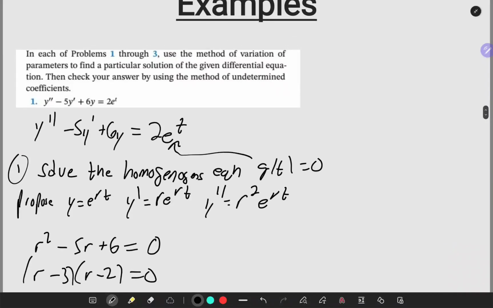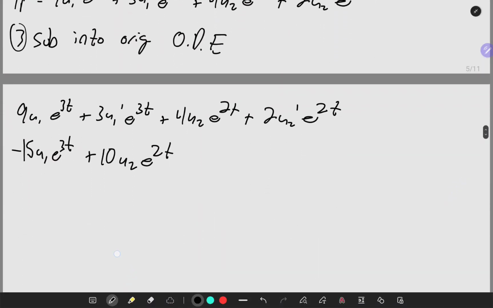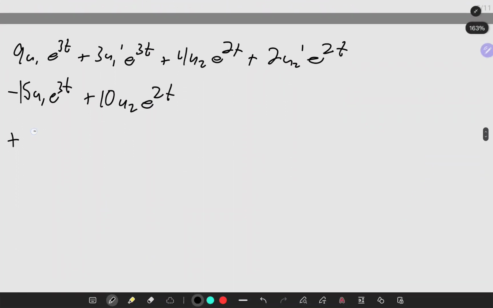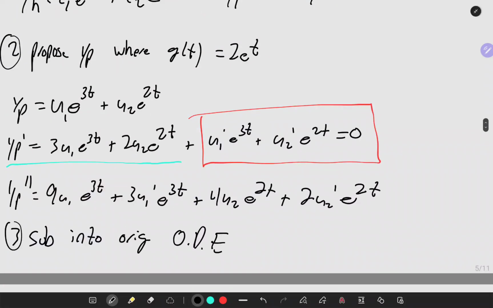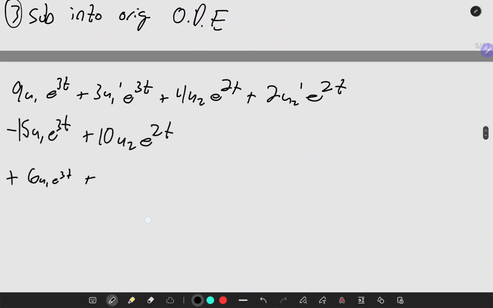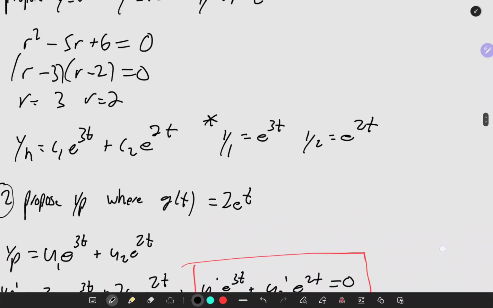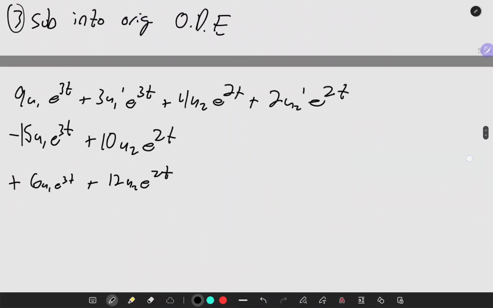And then we have plus 6y, so plus 6u1 e to the 3t plus 12 u2 e to the 2t, because 6 times 2 is 12. And then we set it equal to 2e to the t.